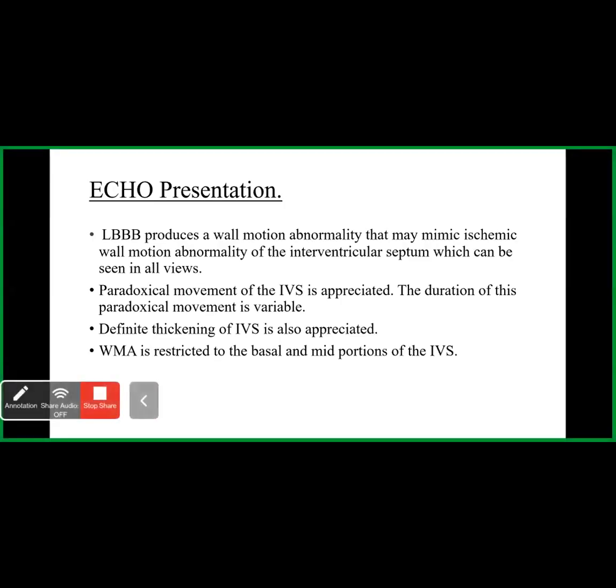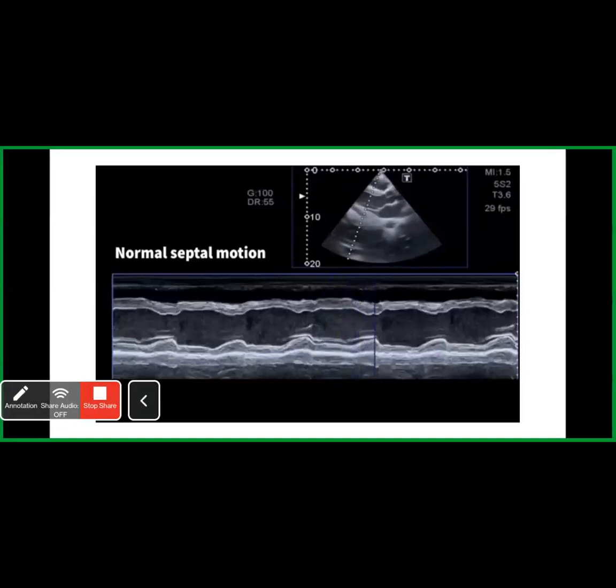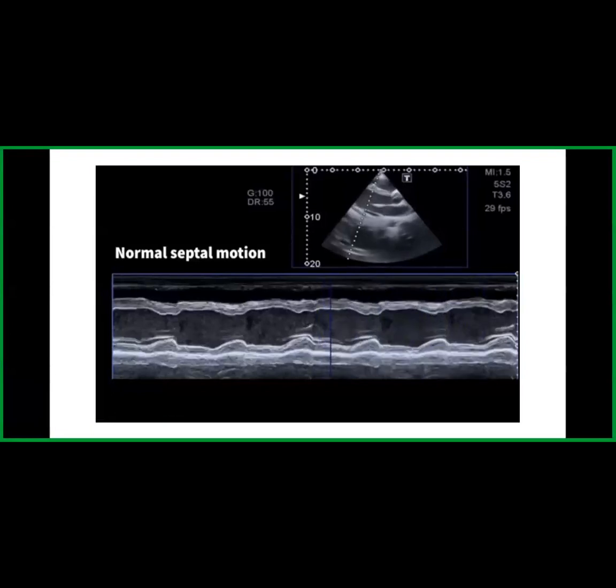Okay, so before we get to left bundle branch block, in a normal heart, we are able to appreciate the following when we take an M mode at the tips of the mitral valve leaflets. This is what we see in a normal myocardium. It's normal contraction and relaxation of the heart. So we can see that there are crests and troughs of the IVS motion here.